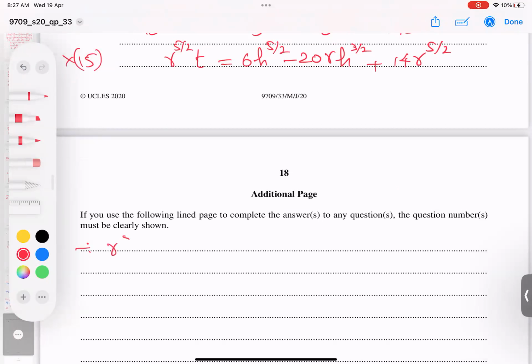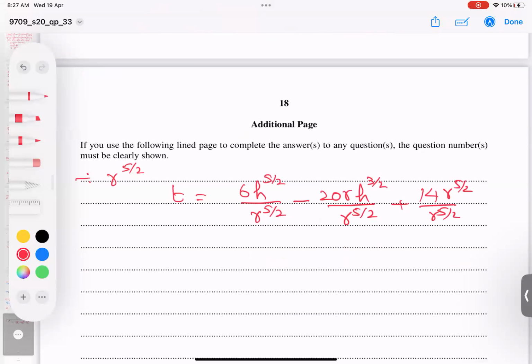Divide by r to power 5 over 2, t alone: 6h to power 5 over 2 by r to power 5 over 2, minus 20 r h to power 3 over 2 over r to power 5 over 2, plus 14 r to power 5 over 2 over r to power 5 over 2. And this cancels out. It is very clear. So t is the subject. This and power same, you can combine it: h over r and power is coming 5 over 2.